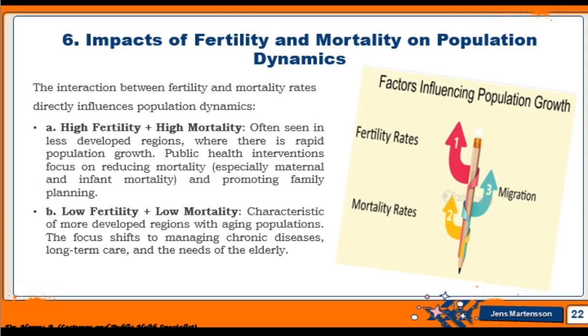And so in this scenario, you see it leading to population aging, where the population of elderly individuals keeps increasing. Public health priorities in such an environment will shift towards managing the health needs of these older populations, addressing chronic diseases, improving long-term care services, and promoting health across the lifespan.